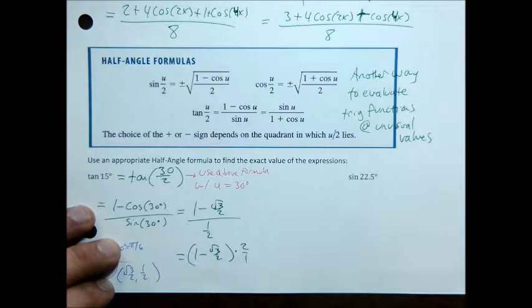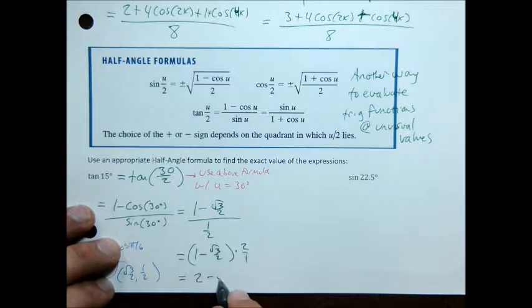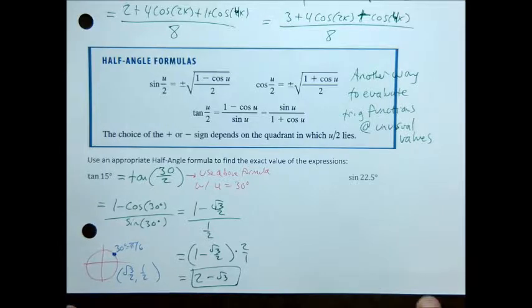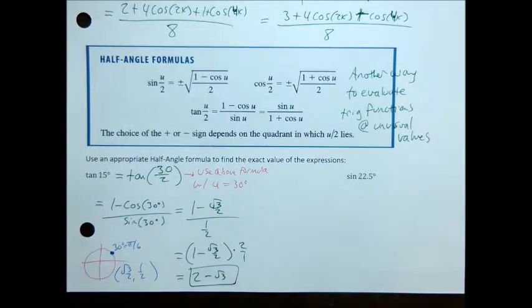And then it distributes. The 2 multiplies both those things and becomes 2 minus root 3. Questions?